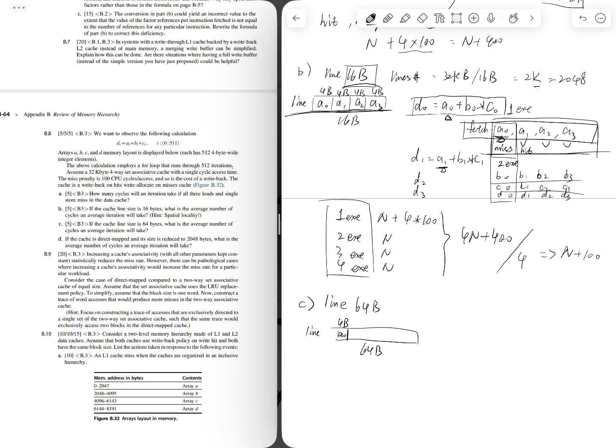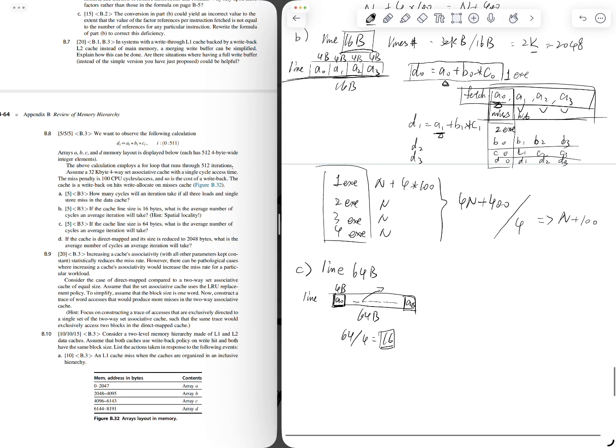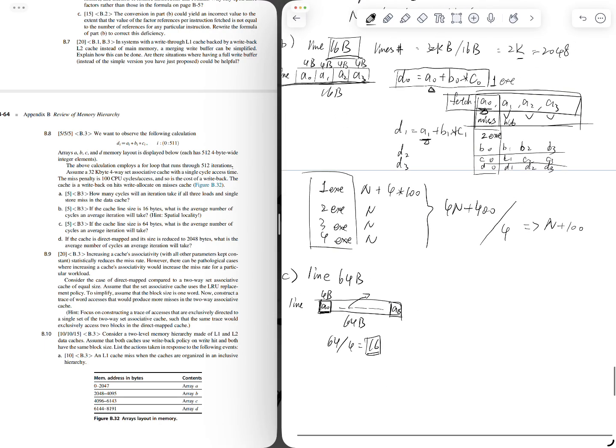A word takes 4 bytes, so how many words can we have? 64 divided by 4 is 16, so each line has 16 words. If I fetch from A0, then the end of this line will be A15.